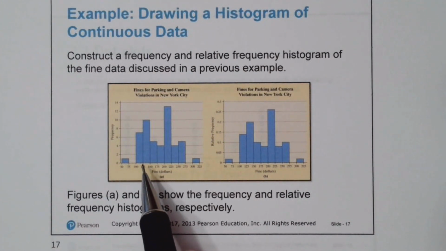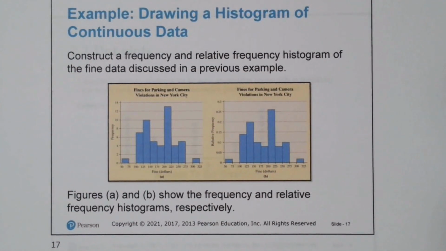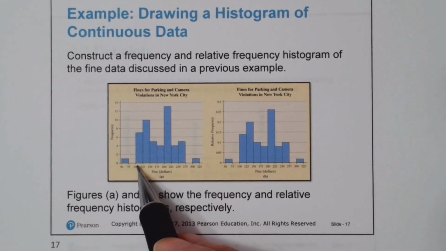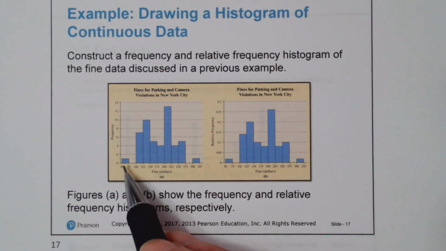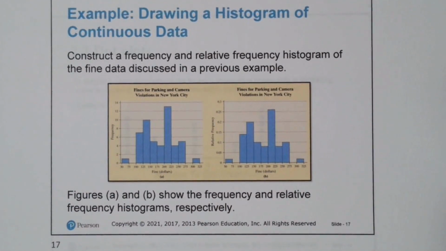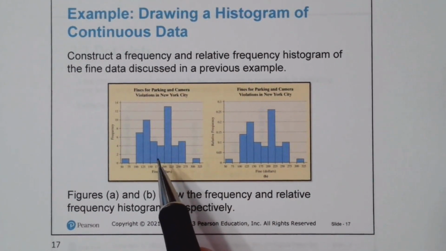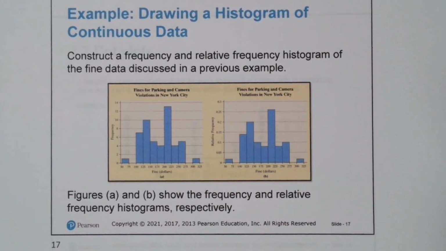From $100 to $125 was our next class, which had a frequency of 7, and so on. Very similar to what we did before, but notice it's not just a number like 5, 6, 7. These are ranges of numbers. These are our classes, and they should all be the same size. There should be no overlap. Notice our bars touch.